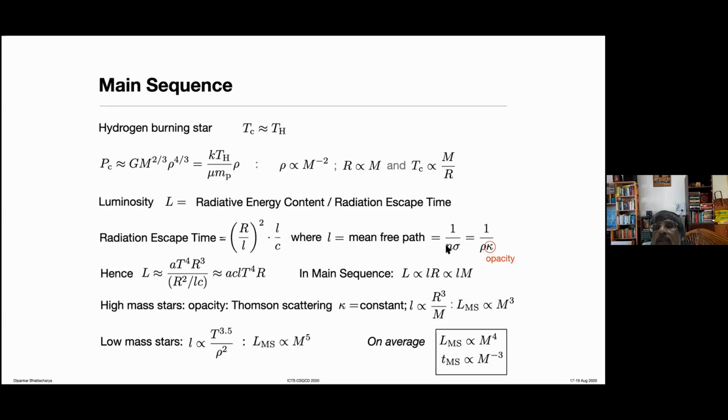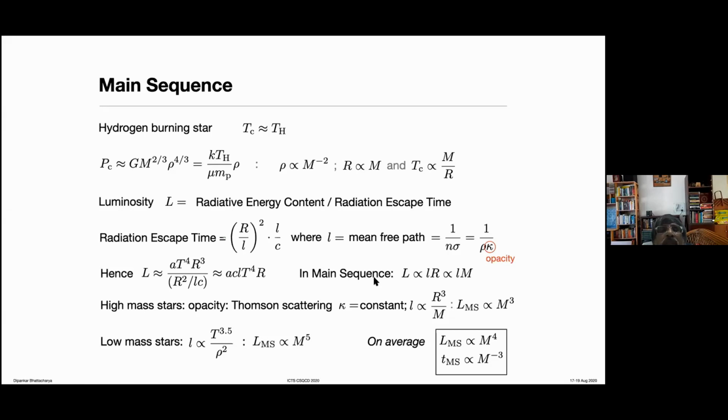So this product is the same as this product. So it will depend on the nature of this opacity, how it depends on density and so on, what the mean free path is. But we can rewrite this luminosity then as the total radiative luminosity A T to the power of 4 r cubed, so volume. So that's roughly the total radiative energy density divided by this quantity, the radiation escape time, r squared by l c. So this is roughly A times c times l times T to the 4 times r.